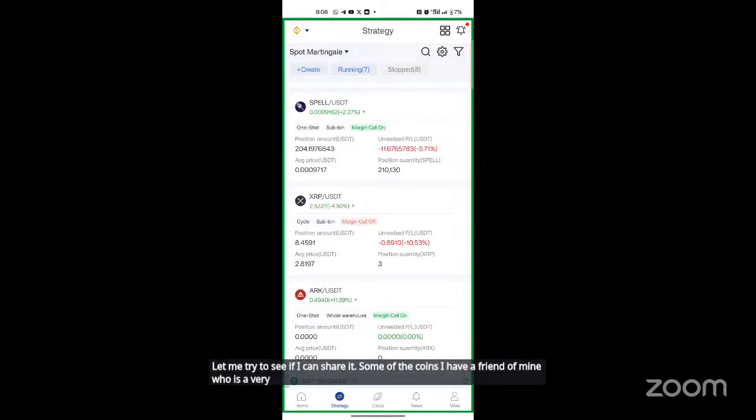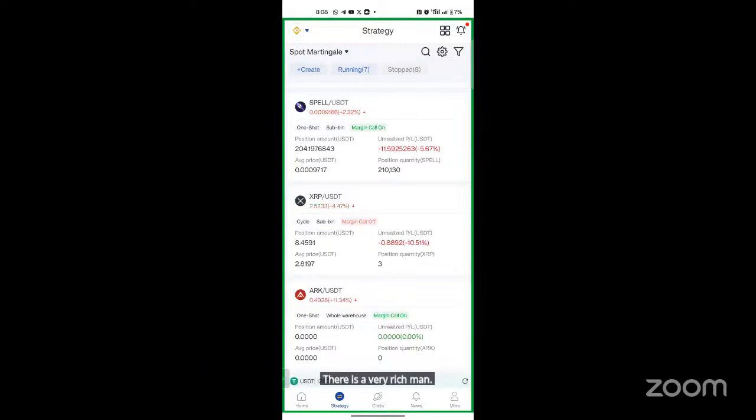I will not mention him here. Together we have looked at a couple of coins that usually are good volatile. They are more volatile than others. So I want to drop the list in the chat.